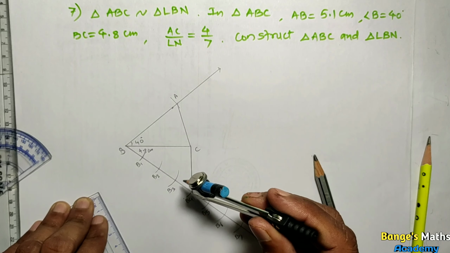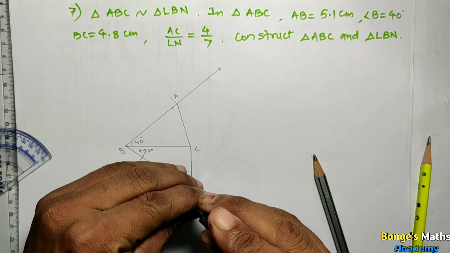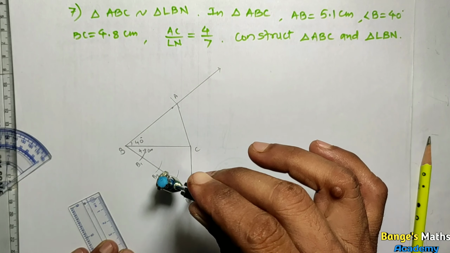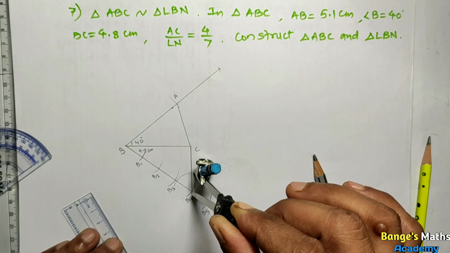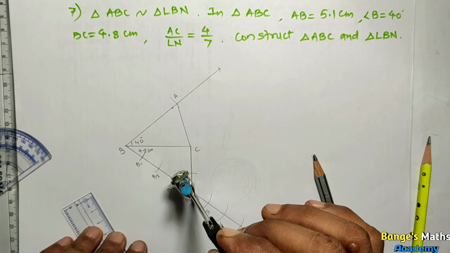So take suitable distance in compass. Put compass on B4 and draw arc intersecting side B4C and this ray.